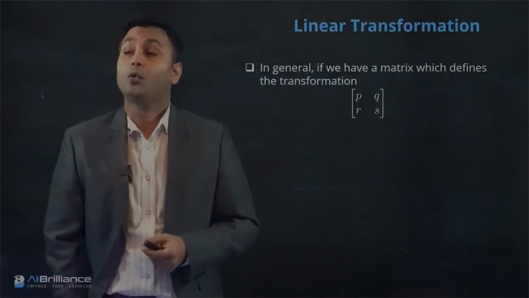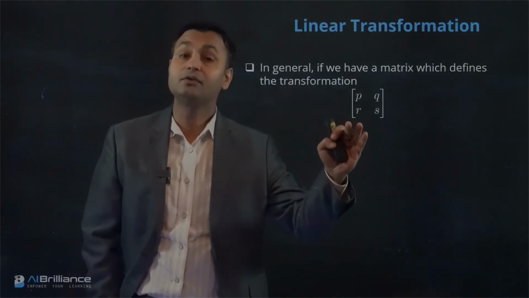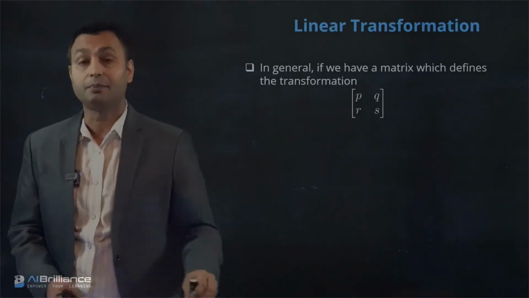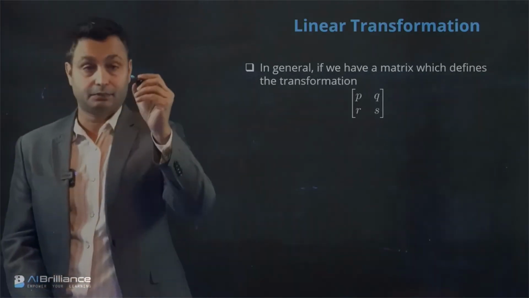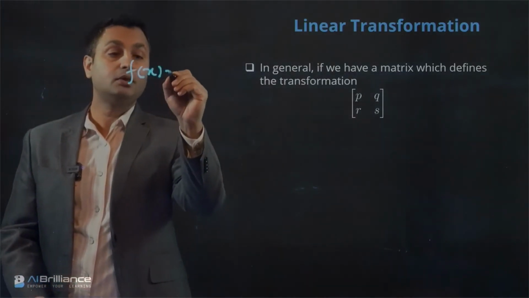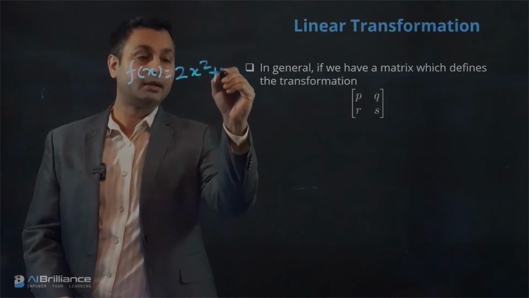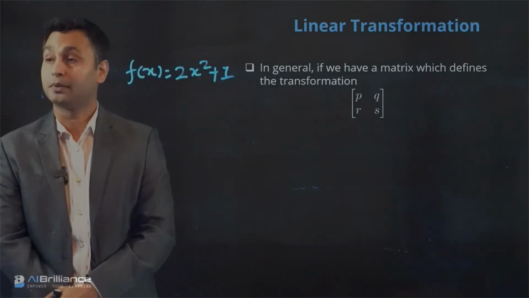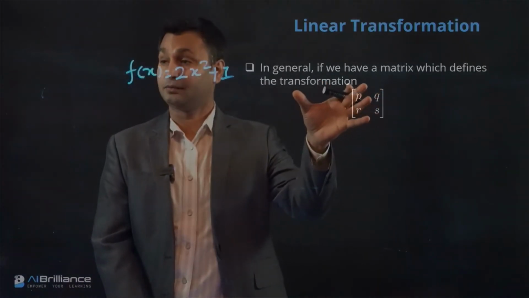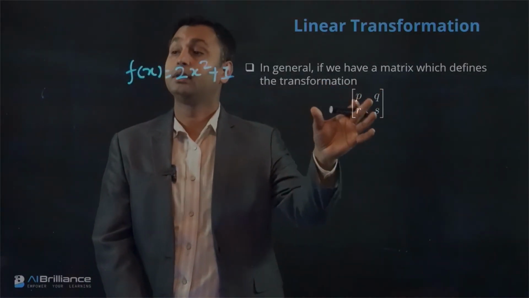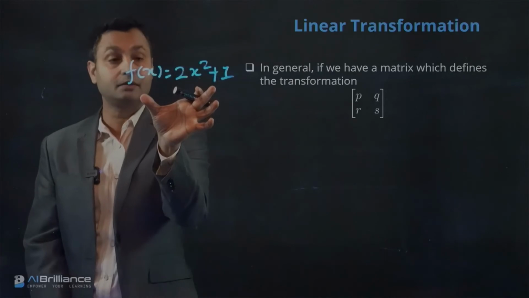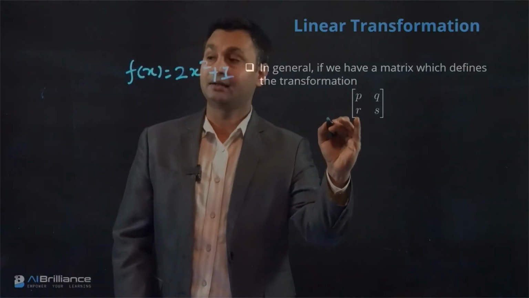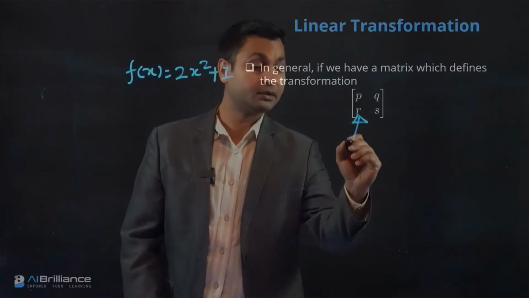In general, we typically have a matrix which defines the transformation. And here is the point that I want to stop at. Remember the function idea that I talked about. In the function idea, you need to have some specific function which defines how to do input to output mapping. When we are talking about linear transformation, instead of an explicit function in equation form, the linear transformation function is essentially a matrix.